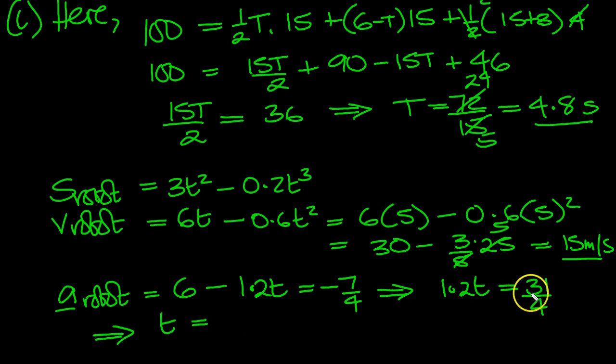Well, we can have this as a decimal actually, because it makes no difference. So it's 6 plus 1.75, which is 7.75, then over 1.2.